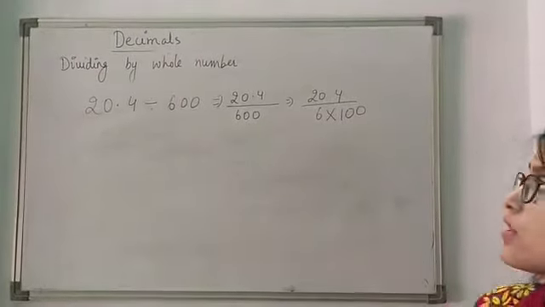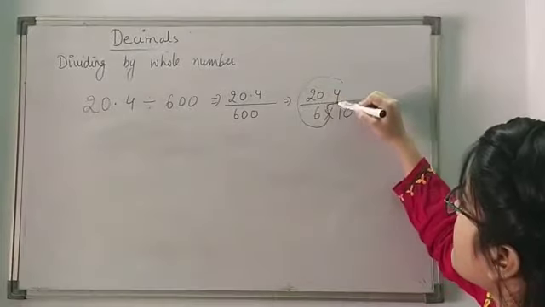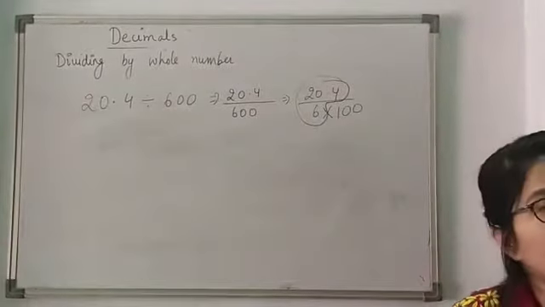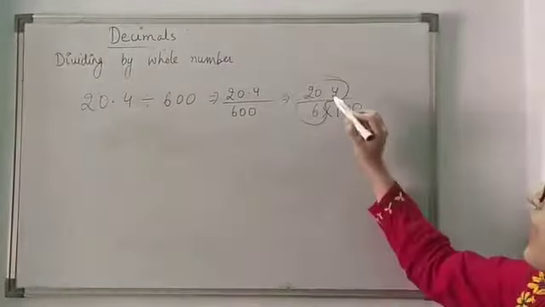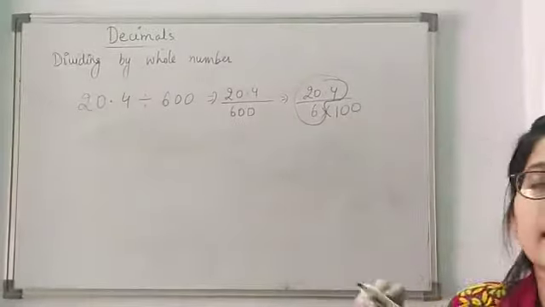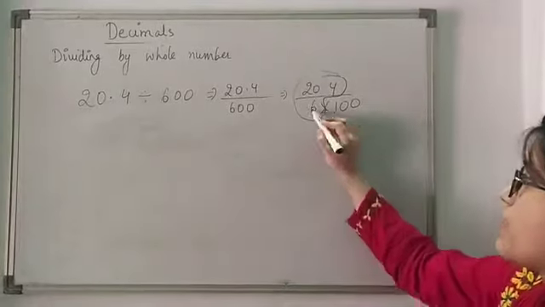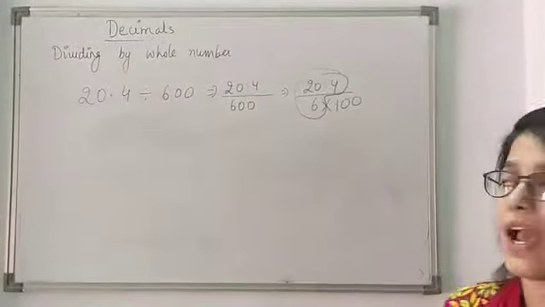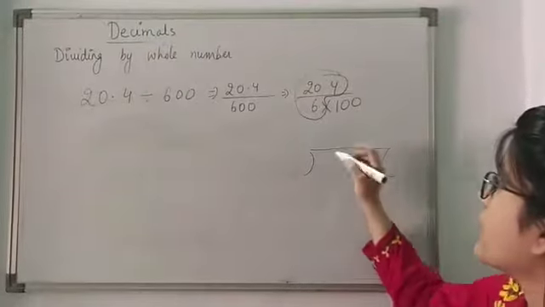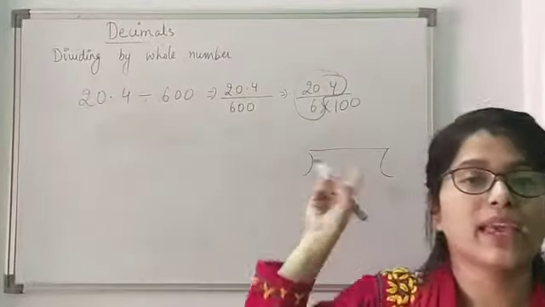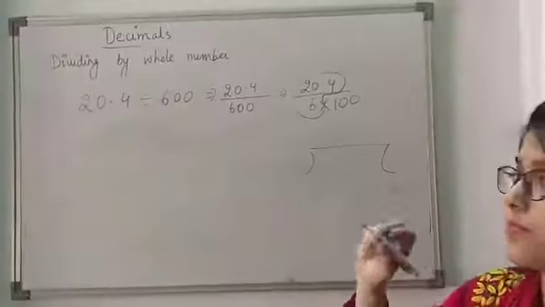I am doing this because I can easily divide 20.4 and 6. Once I divide 20.4 by 6, then I will deal with the upon 100. So now quickly let's divide 20.4 by 6. I have done this method just to make my question easy.